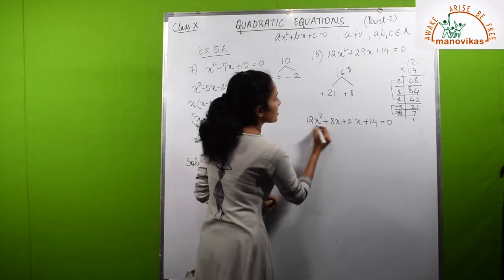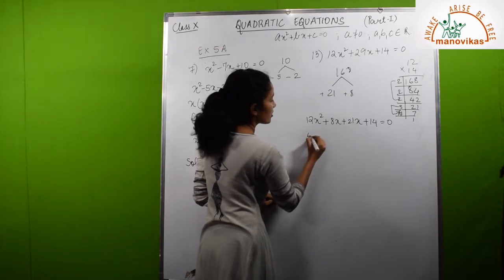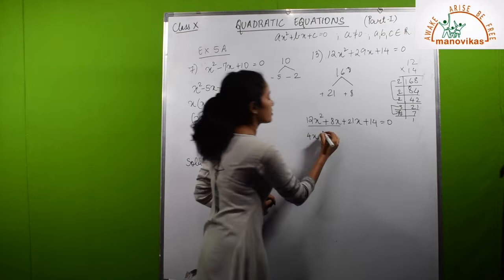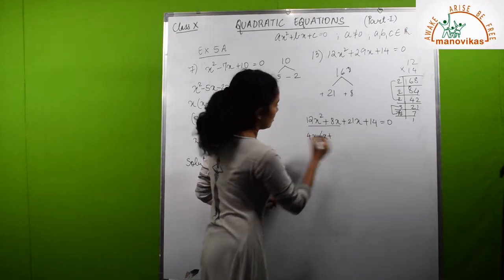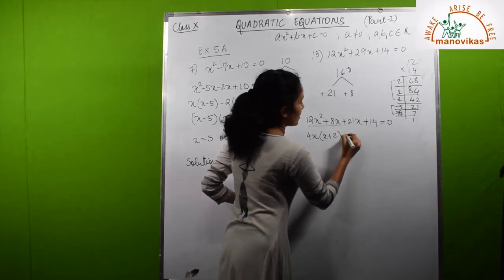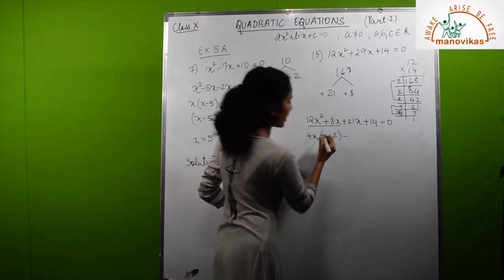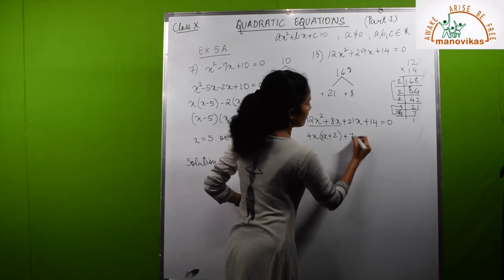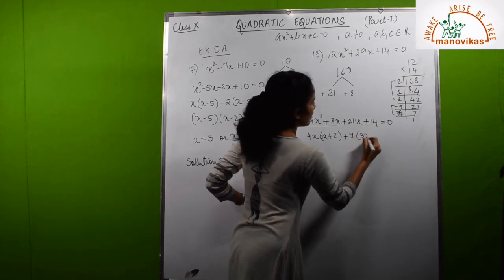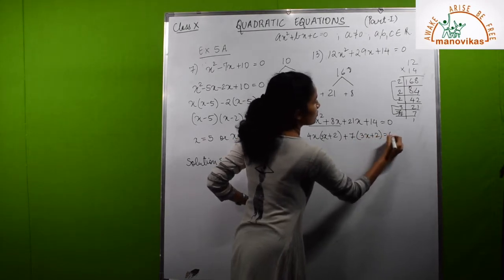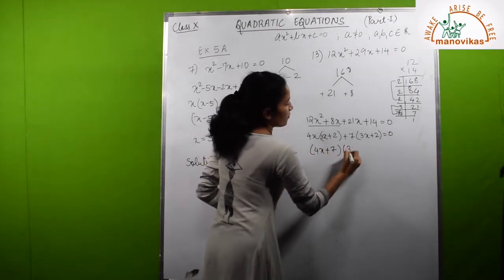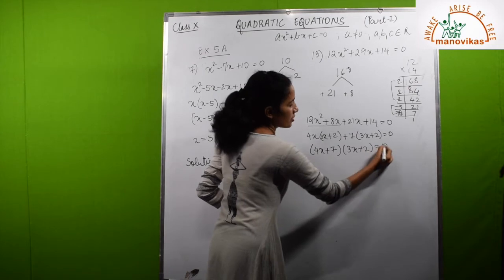Now the next thing is I take a common factor from here, which is 4x, the highest common factor. So this will be 3x plus 2, and from the other one, it is 7 times 3x plus 2 equal to 0. So you have 4x plus 7 and 3x plus 2 equal to 0.